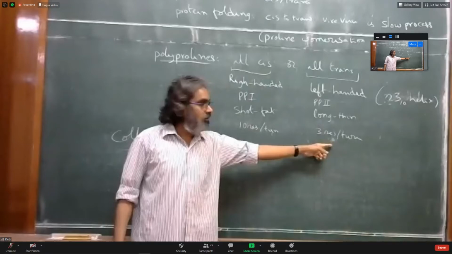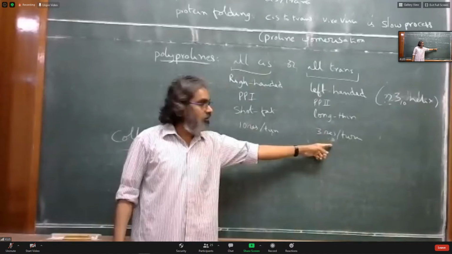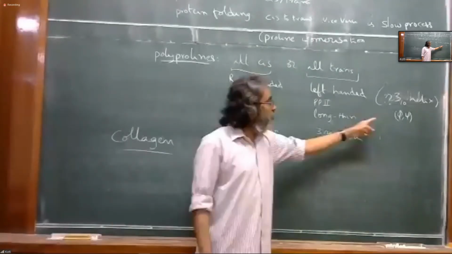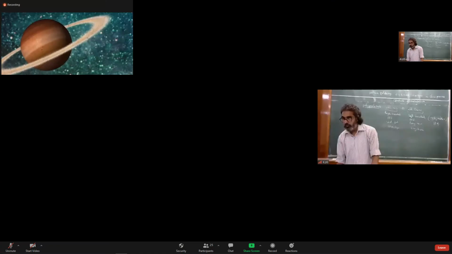Here the peptide bond is in trans, okay, but for phi psi you have to now worry about where exactly they fall. I'll show you where exactly the phi psi map onto the Ramachandran plot, and you'll surprisingly see differences.